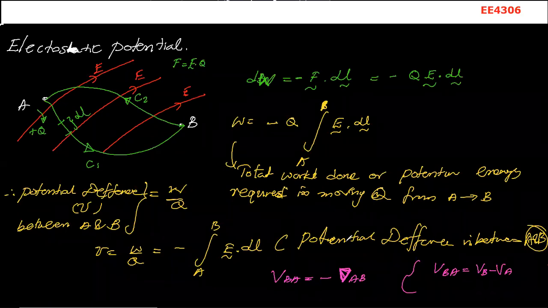So write down the definition: the potential at any point is the potential difference between that point and a chosen point, within brackets the reference point, at which the potential is zero.